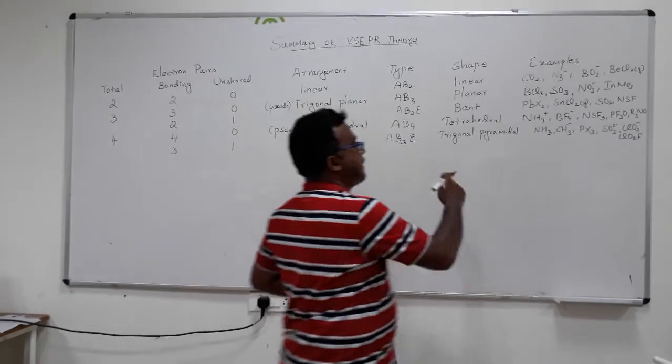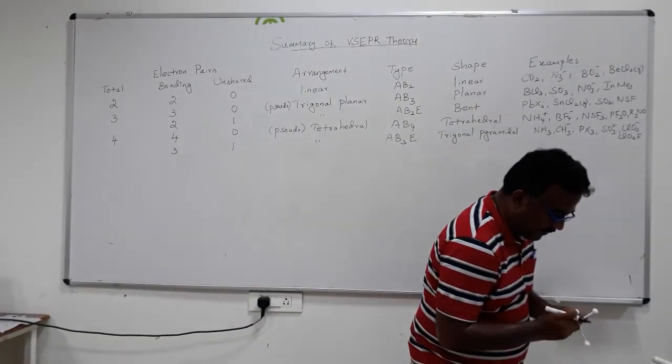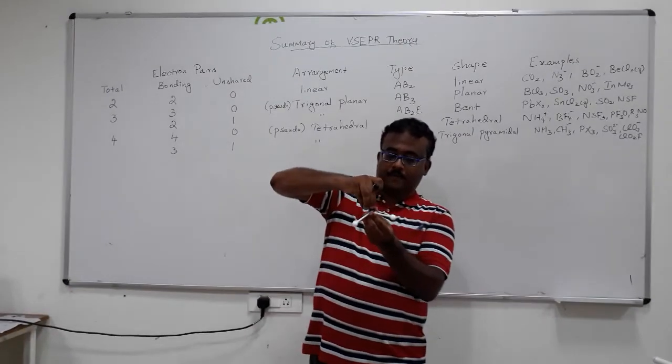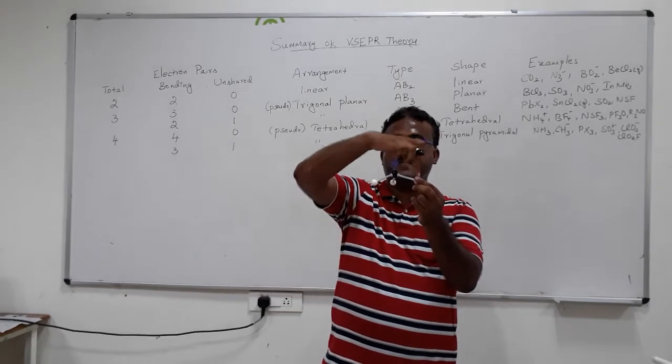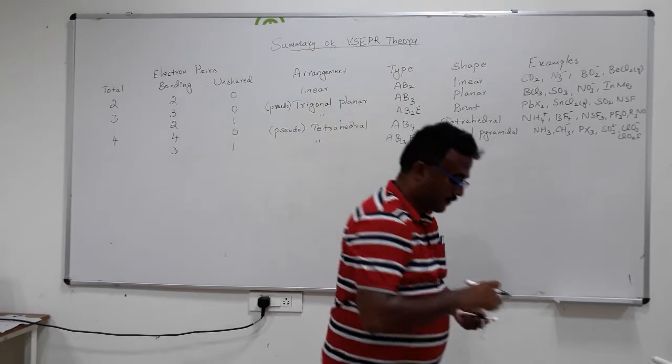These are some of the examples for pyramidal geometry. Here one position is a lone pair of electrons, so it is called trigonal pyramidal geometry.